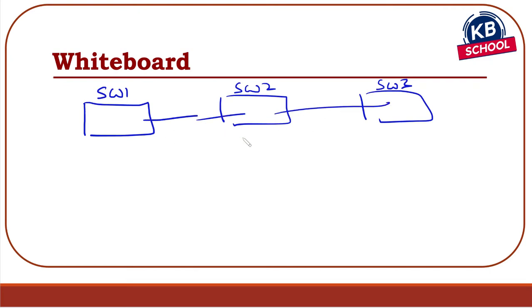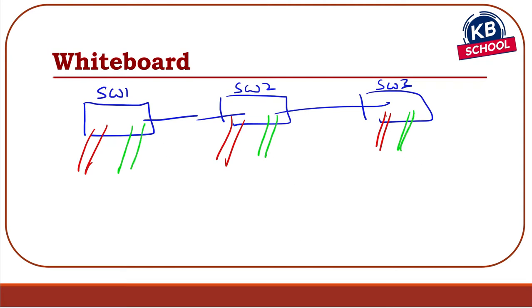So I have three switches over here, and I want to be able to create and assign ports to, let's say, two VLANs, VLAN 10 and VLAN 20. And I have ports for VLAN 10 and 20 on all the three switches.